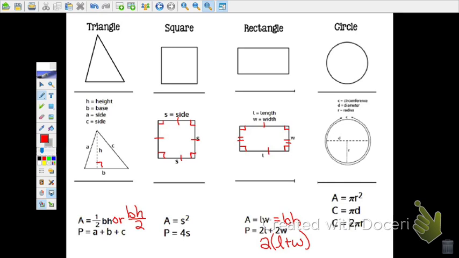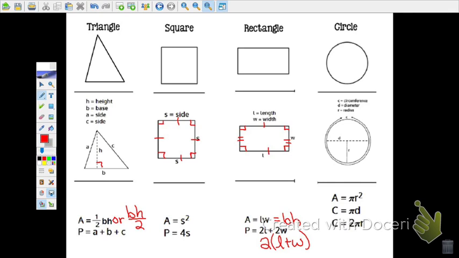So instead of multiplying length times width, okay, our length and width are both the same. So we're saying S for side, side squared. Same thing as taking length times width or base times height. For perimeter, instead of saying we're adding S plus S plus S plus S, we're multiplying 4 times the length of the side. But again, if you want to use your rectangle formulas, that's fine. If you just want to add the 4 sides together, you can do that also.